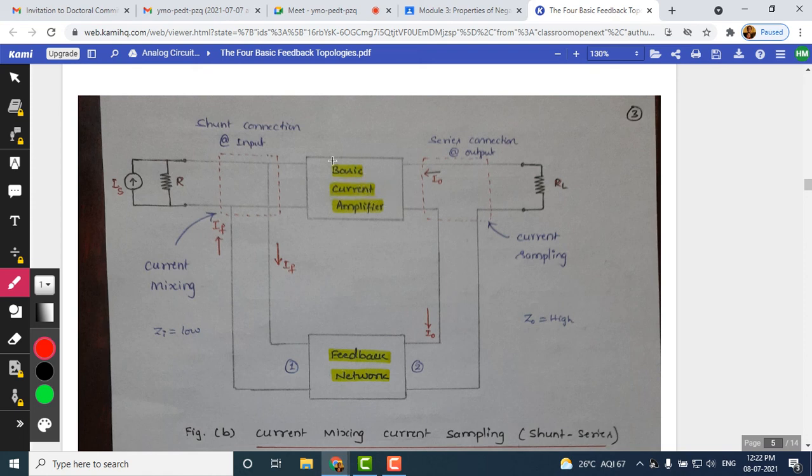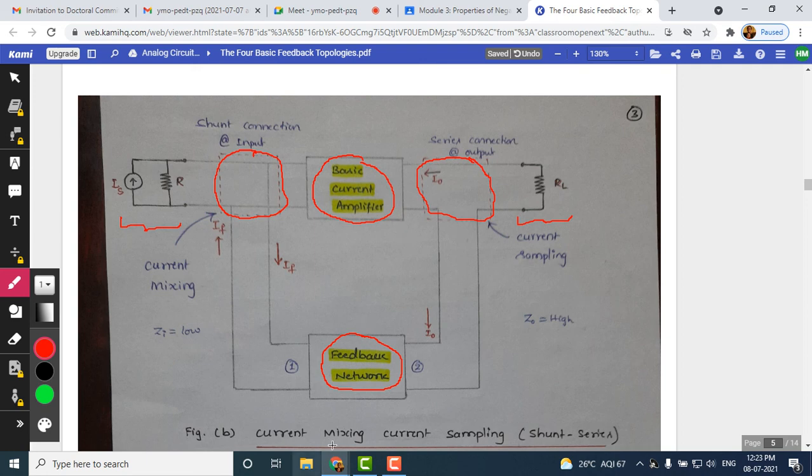There is a basic current amplifier which you are seeing here, and there is a feedback network, as we have seen in the general feedback structure, and there is an input source. You can see the input signal, and there is a load here, and here mixing will happen, here sampling will happen. These are the blocks you should be familiar with in these feedback topologies.